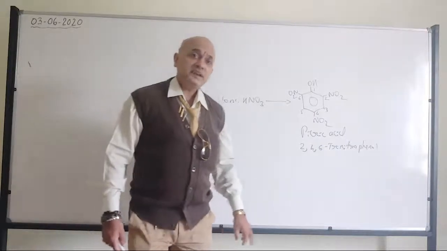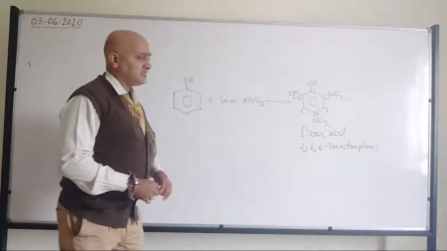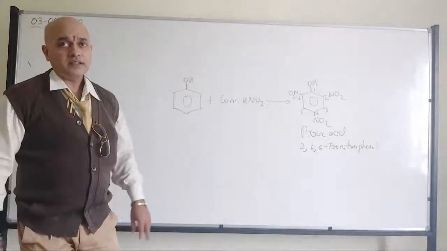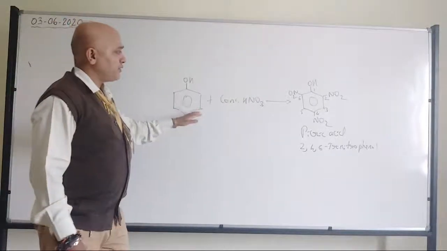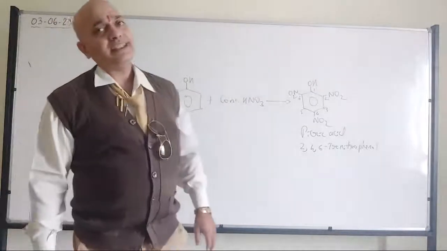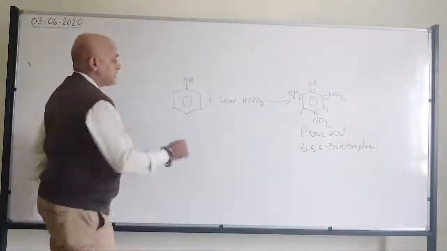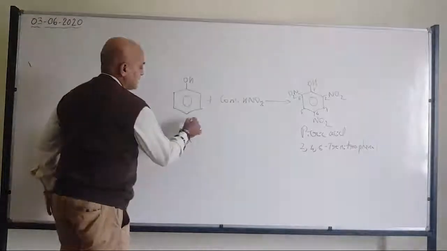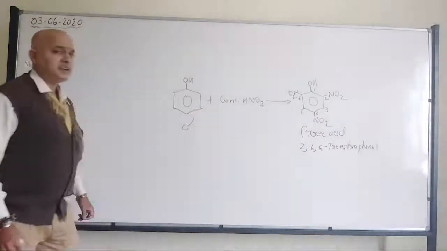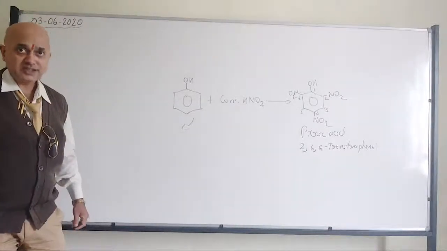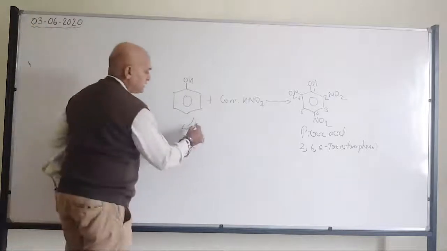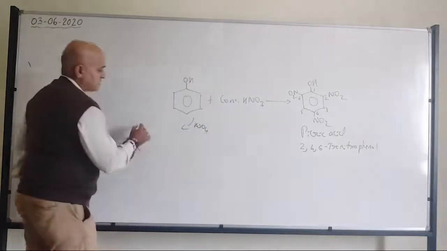Fine. So that's where we have the picric acid, trinitrophenol. So how to prepare trinitrophenol? Phenol with concentrated HNO3. But normally in the preparation of picric acid, instead of treating it directly with concentrated HNO3, first they treat it with sulfuric acid.